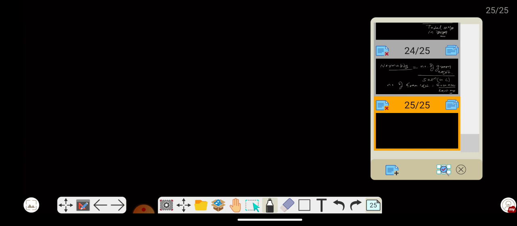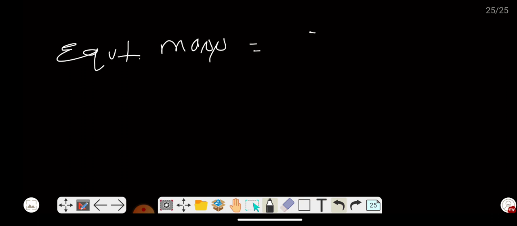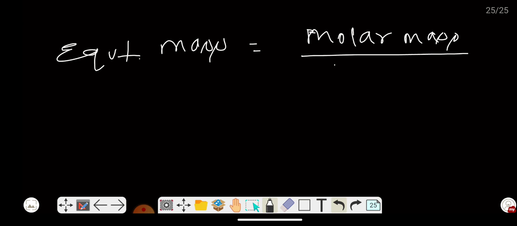Now equivalent mass is equal to molar mass divided by the n factor.